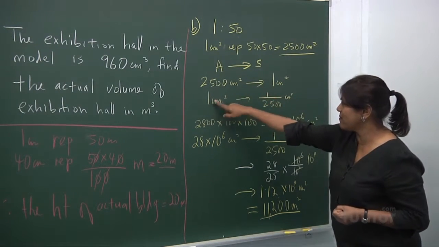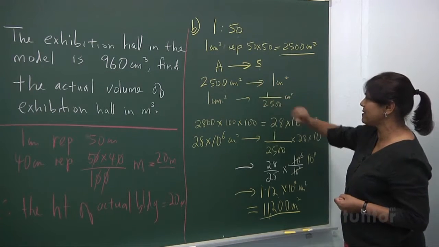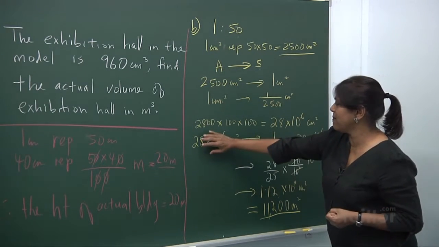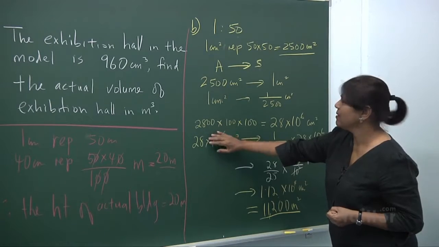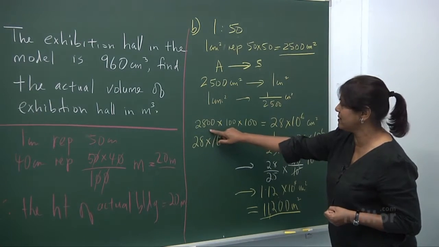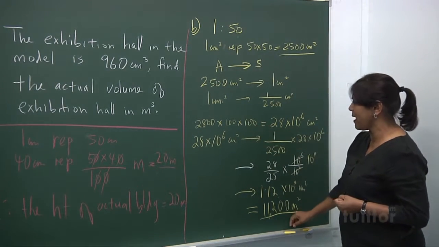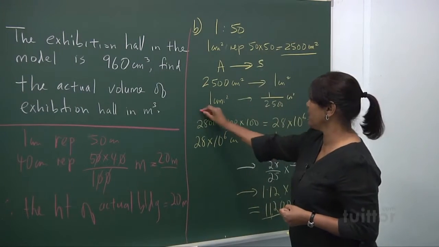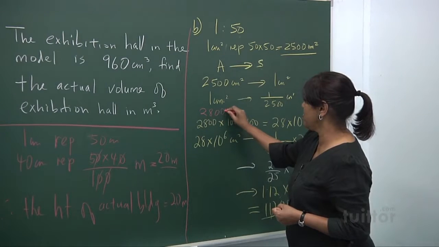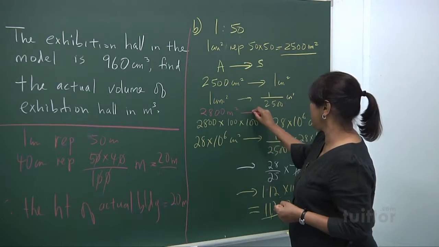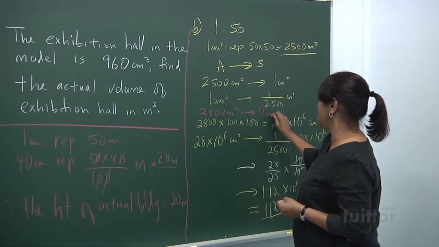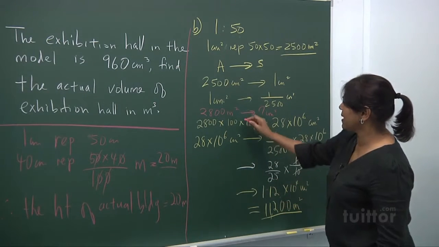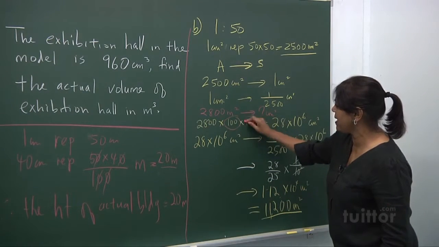What is 1 cm squared from the area? It represents this amount from the actual. Because we had to convert from meters squared, we wanted to convert 2,800 meters squared. You have to find out how many cm squared it is. So that's why you have to multiply by 100 and 100.